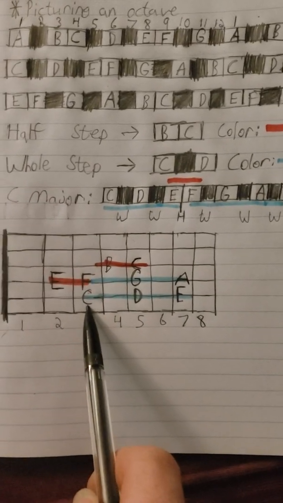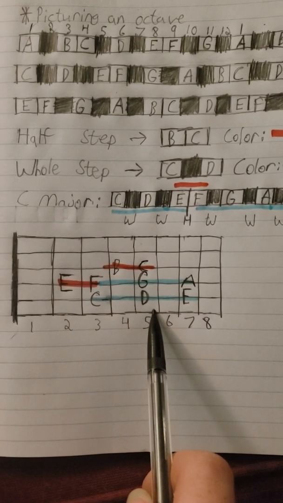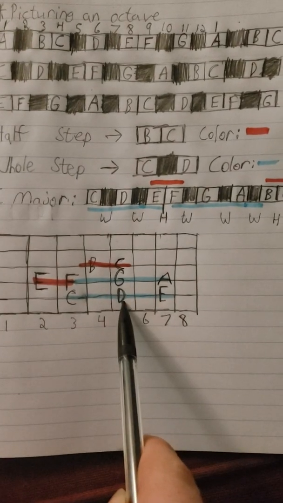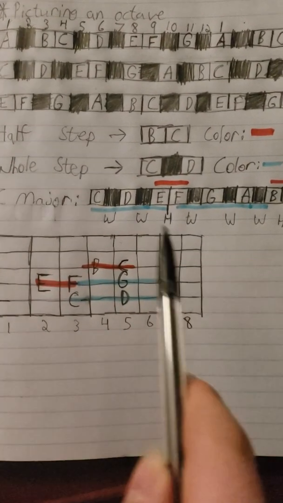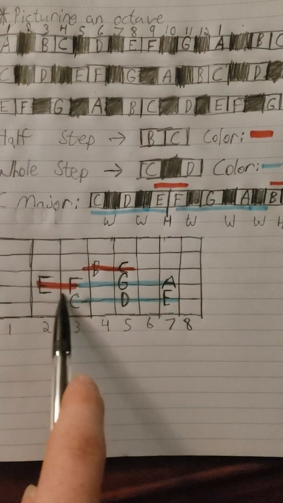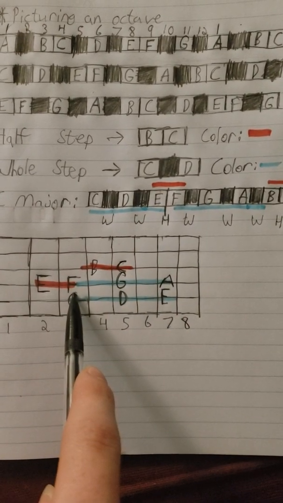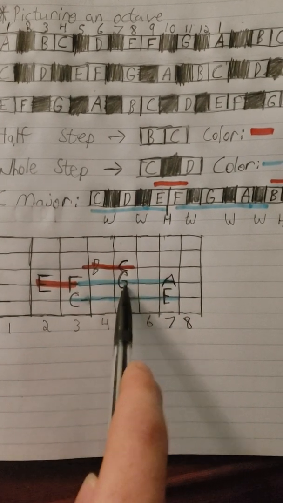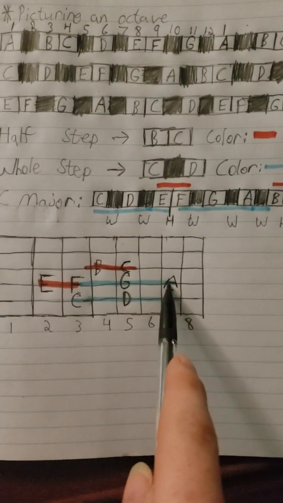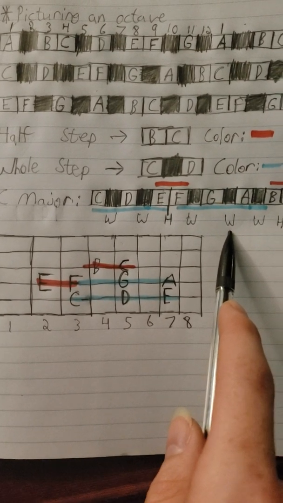So if we start on C, we move 2 frets up and we're at D, a whole step. If we move from D 2 frets up to E, we have gone another whole step. If we move from E to F, we have moved a half step. From F 2 frets over to G, we have moved a whole step. From G 2 frets over to A, we have moved yet again by a whole step.